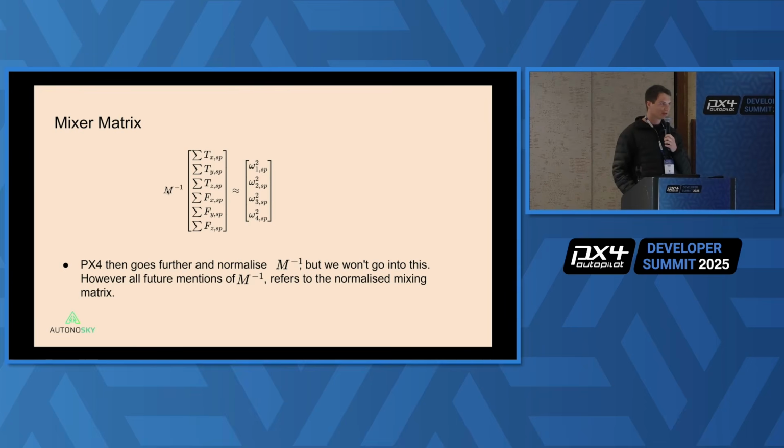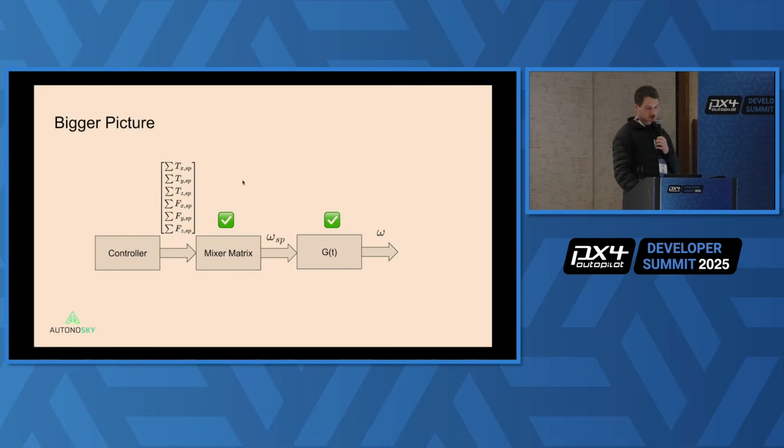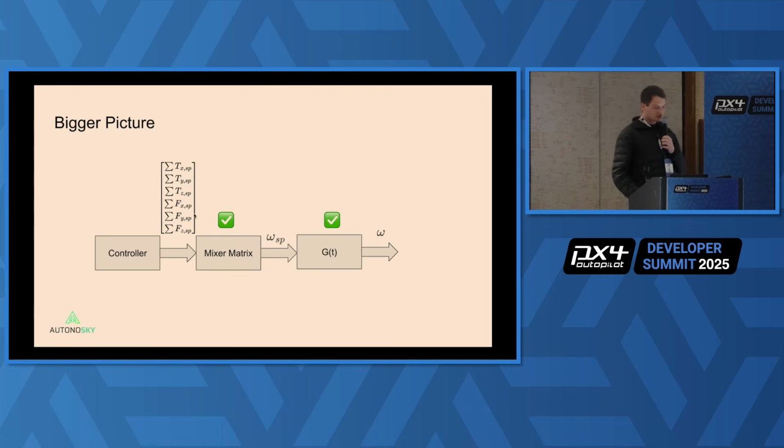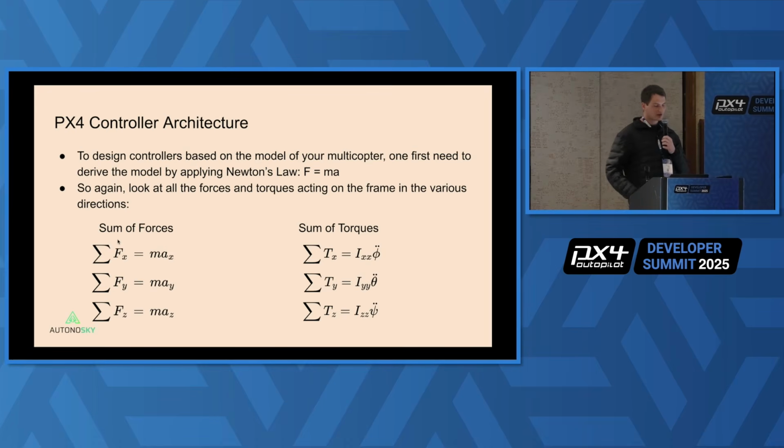I won't be going into this, but all further mentions of the mixer matrix refer to this normalized mixer matrix. That then ticks the second block, where it describes the transformation between what the controller outputs and the rotational velocity of our motors. So we can now look at these controllers of PX4.